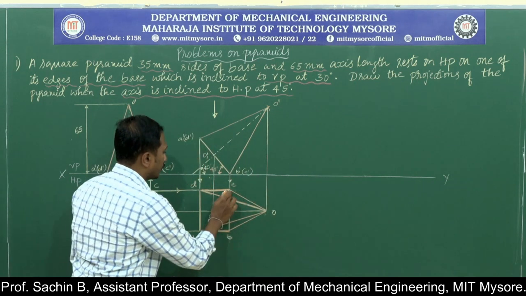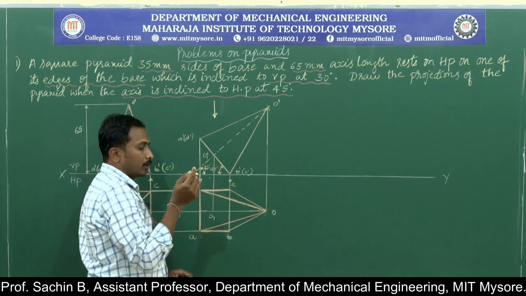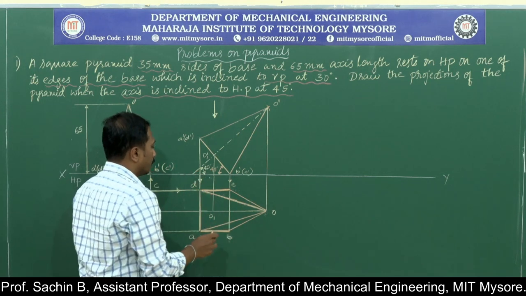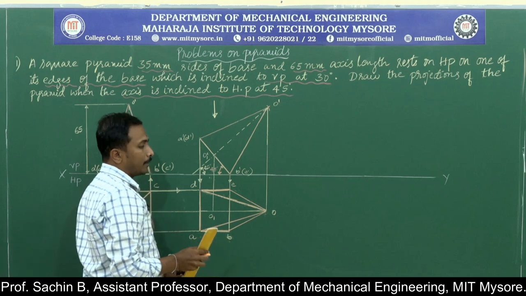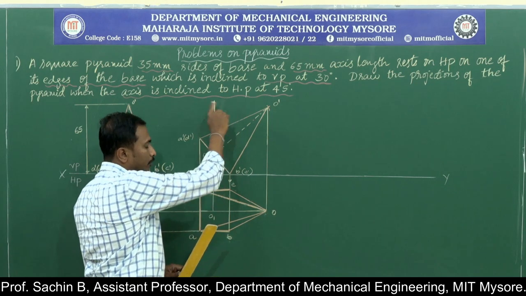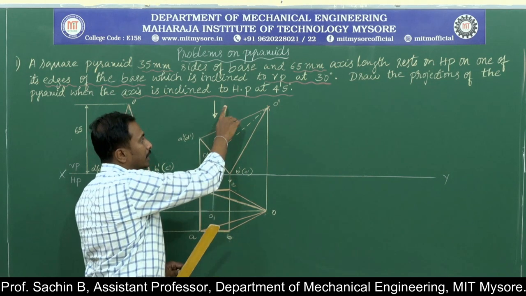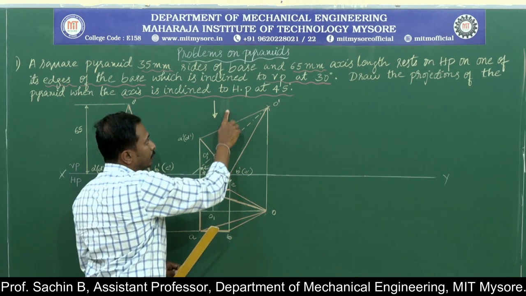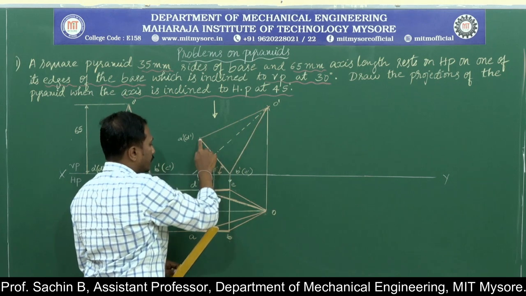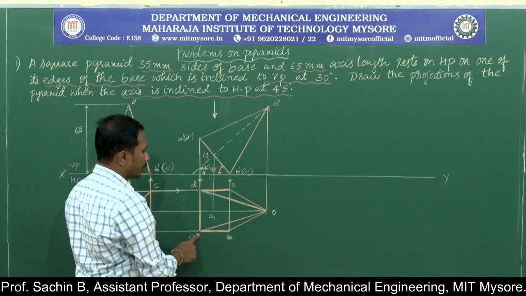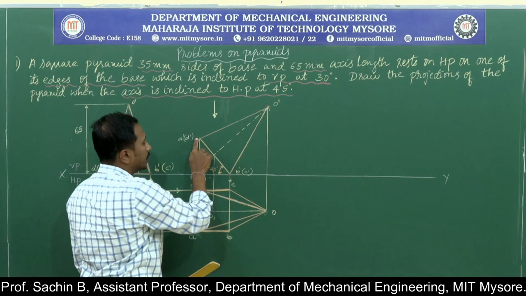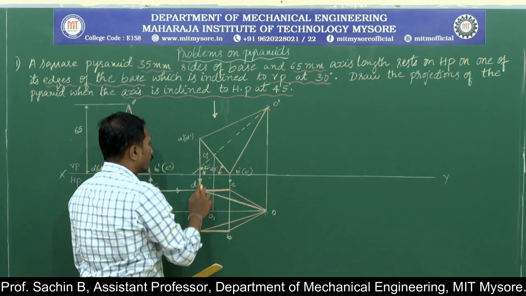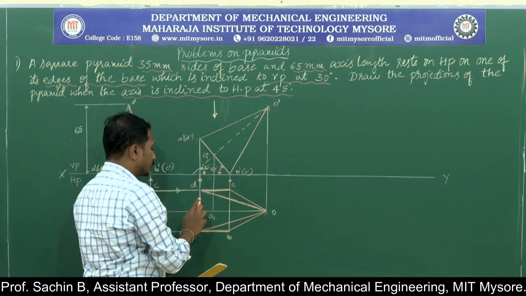Okay, just observe here. I have drawn the visible and invisible edges in the second position by considering the two parameters now. One is by looking at the top view, the faces and edges near to the observer are clearly visible. If I view the object from the top, for me O dash to A dash is clearly visible, O to A is clearly visible, O dash to D dash is clearly visible, O to D is clearly visible, and also from A to D is clearly visible.